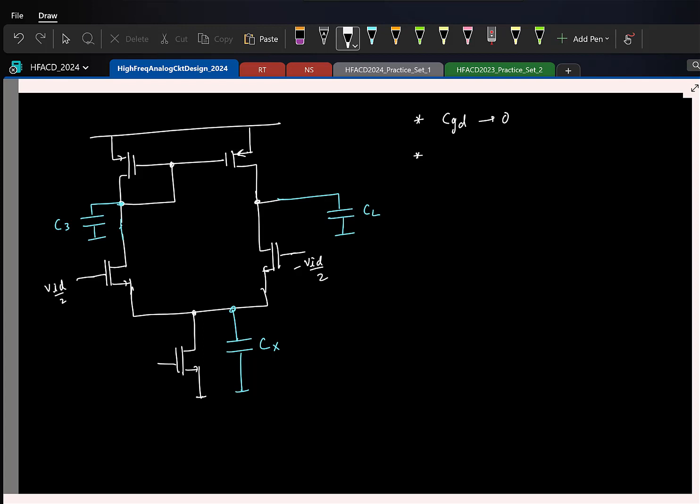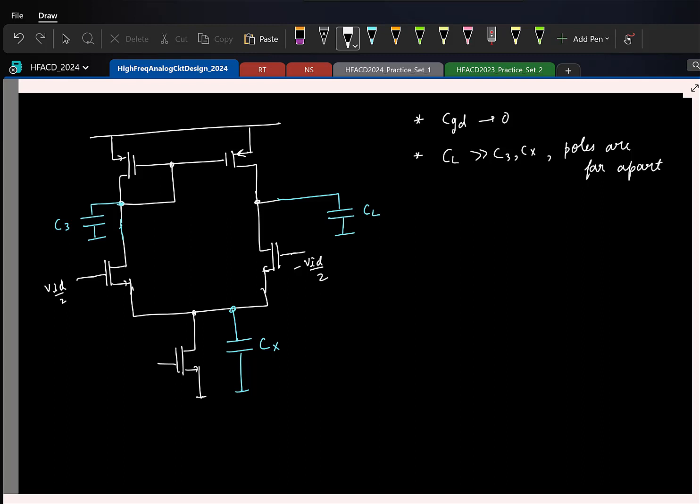And secondly, we assumed that the output capacitance is much greater than the other capacitances and that the poles are all far apart. So that helped us approximate the pole location as the conductance at a node by the capacitance at the node.